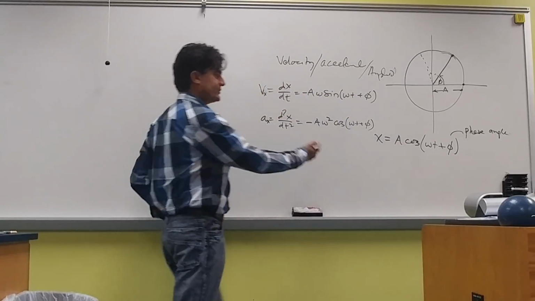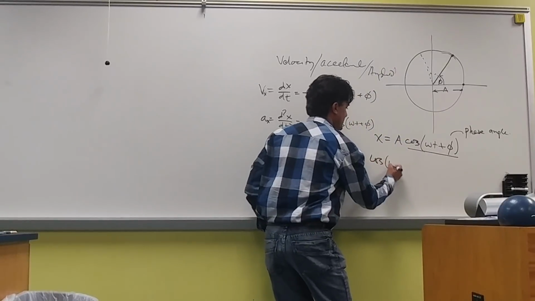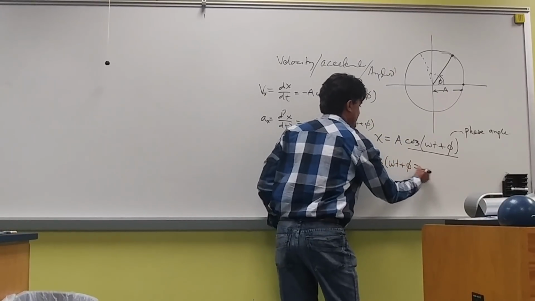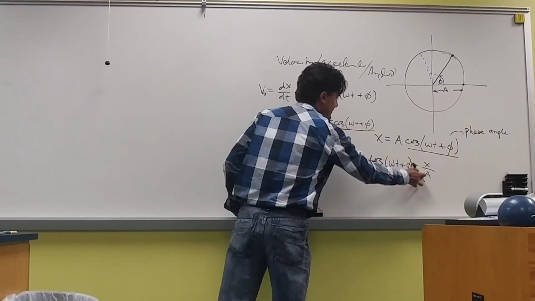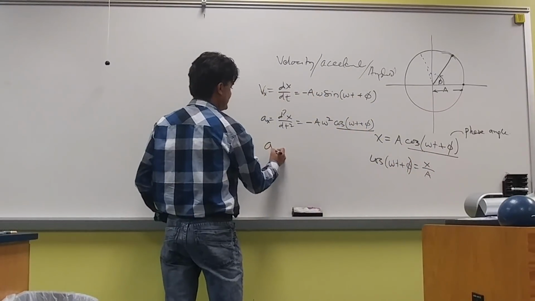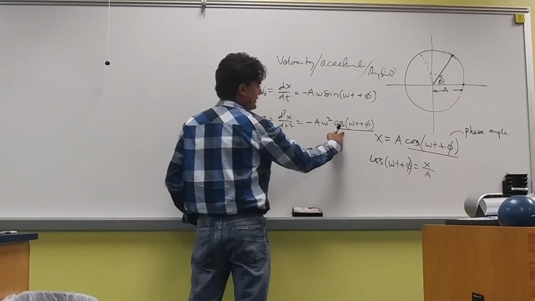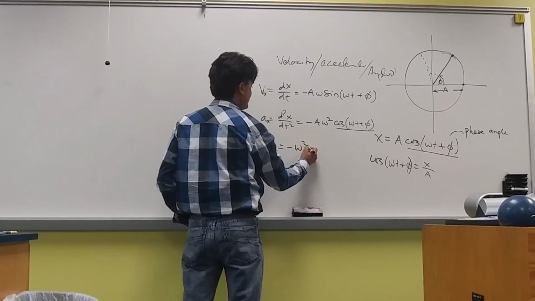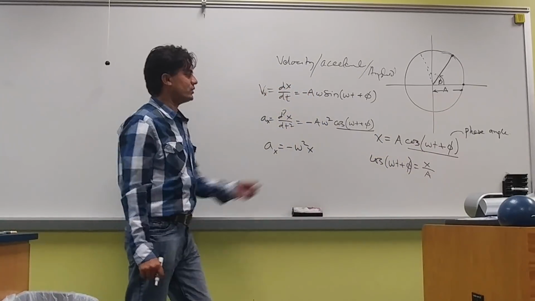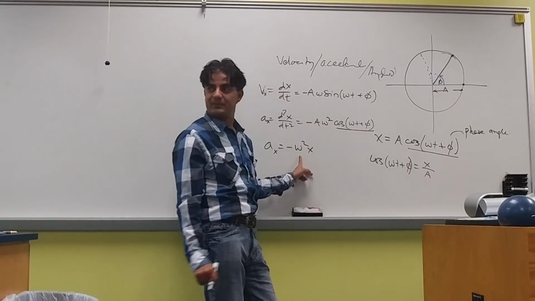From here, you get cosine of omega t plus phi is x over a. You replace this. This is easy. Your acceleration ax equals, this one is pretty simple, minus omega square x, since cosine omega t plus phi is x over a and the a cancels. That's pretty simple.